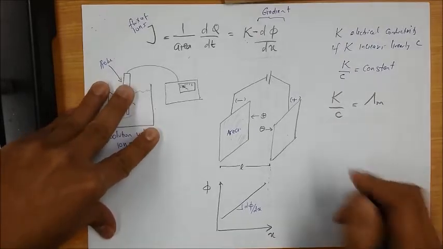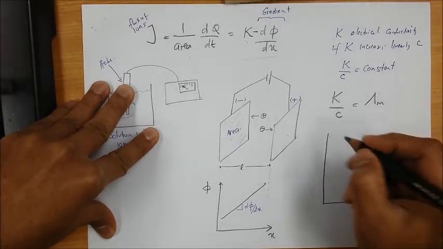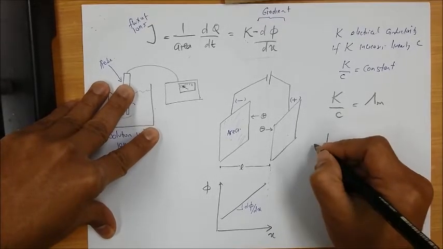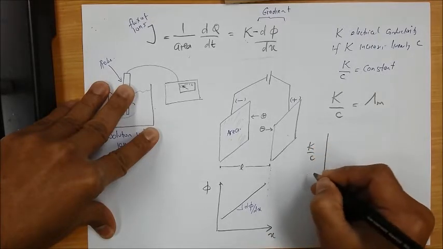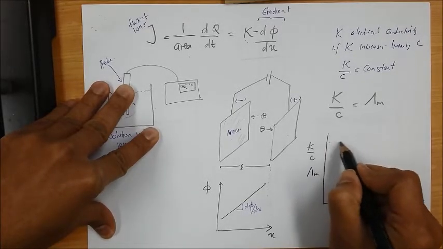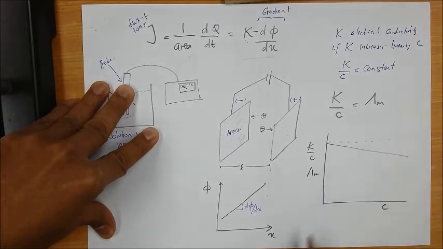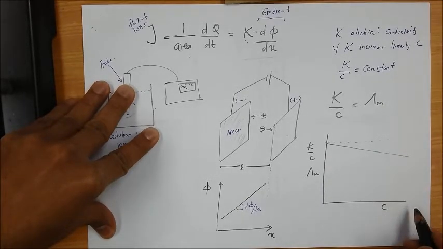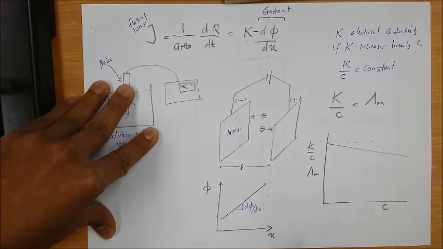Okay. So when we plot the concentration of the ions in the solution versus kappa over C, which is the same as the molar conductivity, instead of getting a straight line, we get a decay. There will be a decrease: as you increase the concentration, the molar conductivity value decreases.